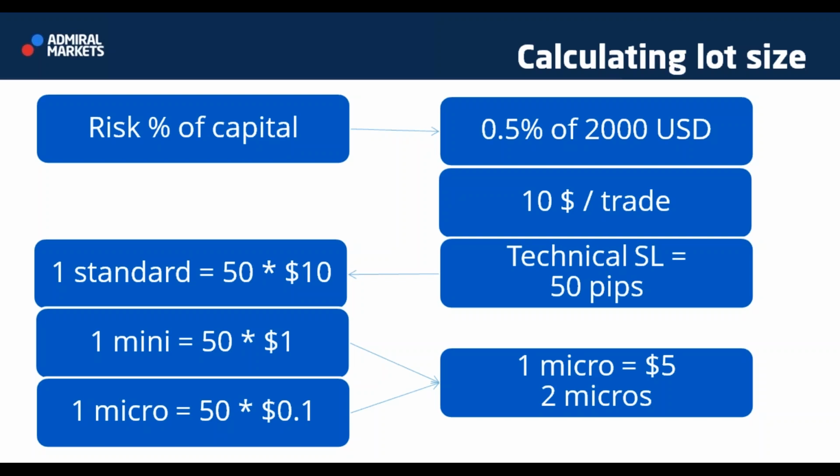Lot sizes: it's very important to be aware that you need to adjust your lot size. Of course, if you use risk management, you just want to calculate how much you want to risk in terms of dollar or euro per trade, whereas the technical stop loss, which is a very important part of any trade management or money management, depending how you call it, is to use a technical stop loss, not a fixed stop loss.